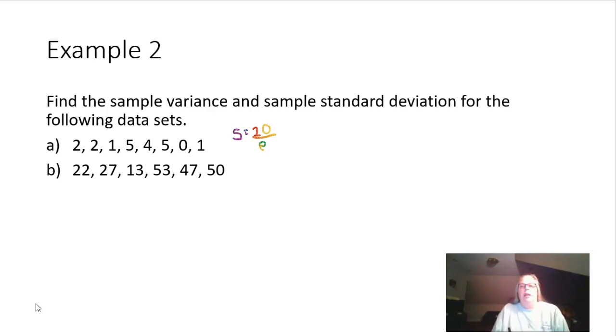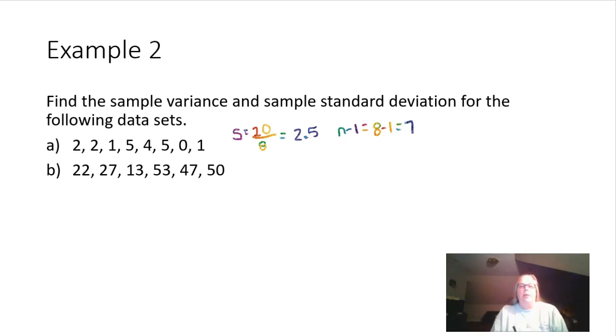So we're going to divide by 8. Remember, we don't divide by n-1 until we go to find the variance. And this is going to give me 2.5, which means that our n-1 is going to be 7. So to find the variance, we're going to be dividing by 7 rather than dividing by 8.